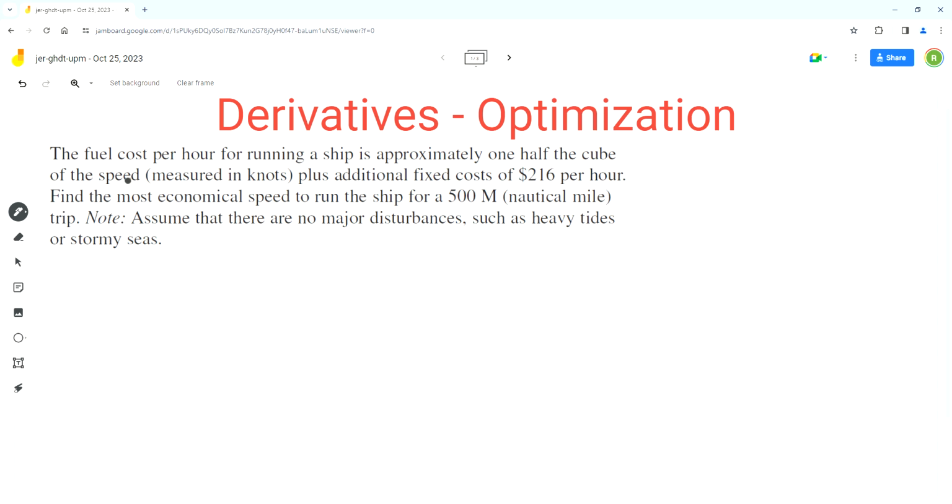Now we are given the fuel cost per hour, which is based on the speed of the ship. So the first step is to write the function for the fuel cost. For that we'll have to use a variable for the speed of the ship. So let's assume x represents the speed of the ship.